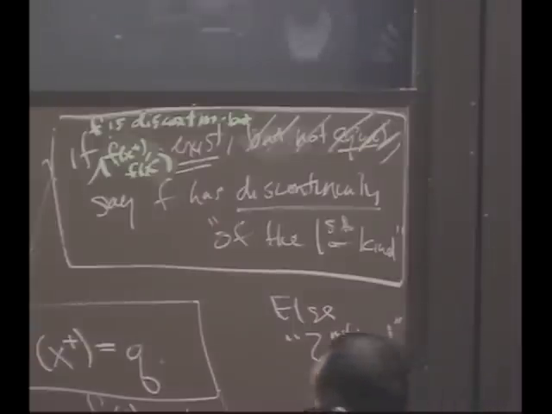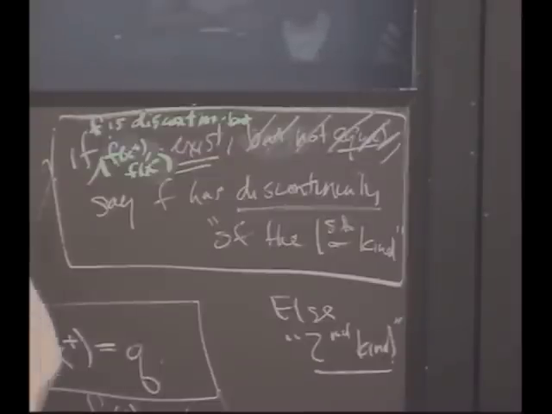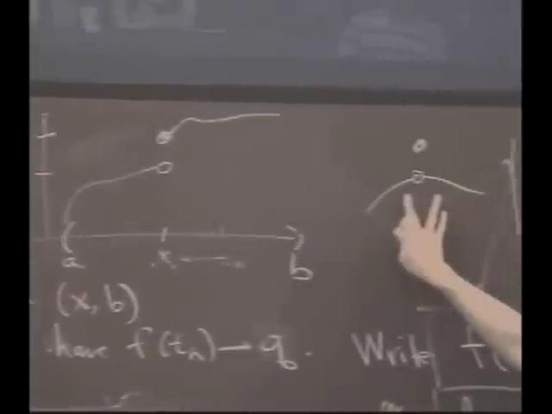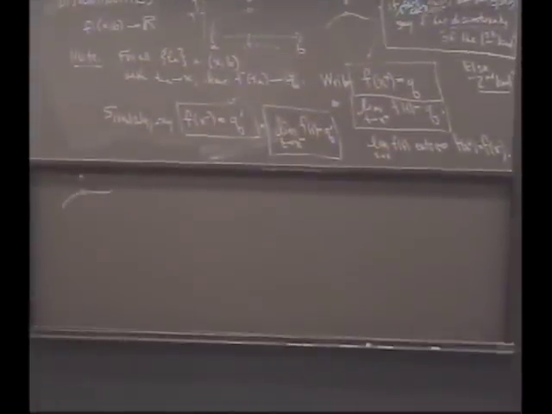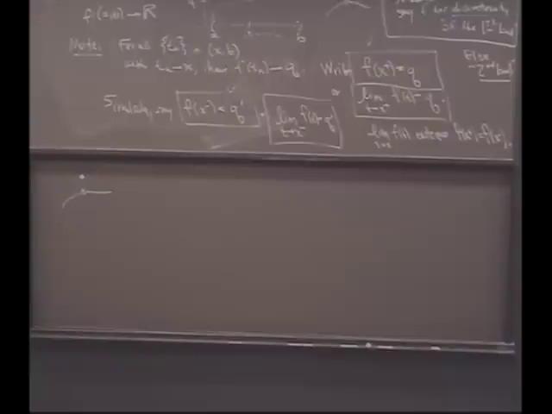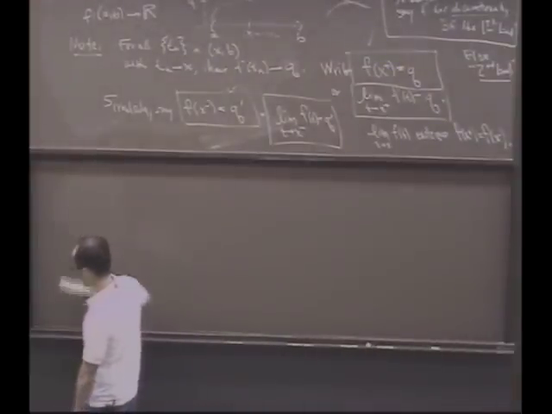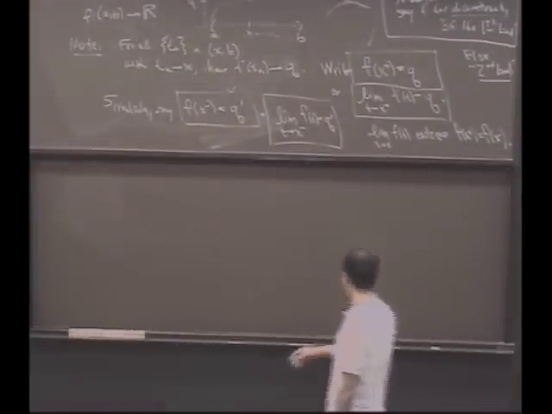And that will actually include, thank you, that will actually include this picture. Because on both sides they exist, but it's still discontinuous. Okay? Thanks. Yeah. Basically, we want first kind to mean kind of a silly kind of discontinuity. Okay.